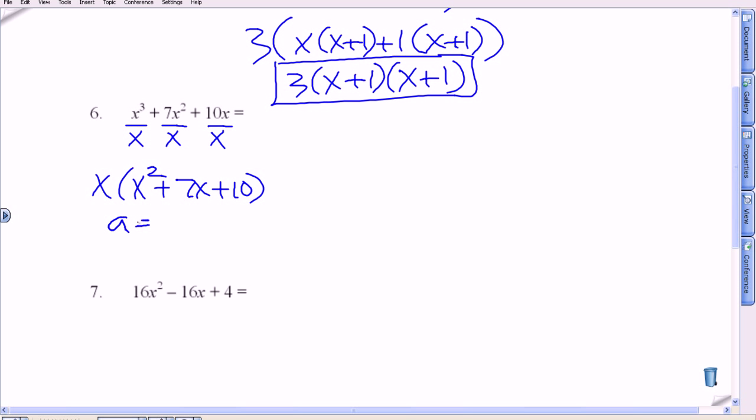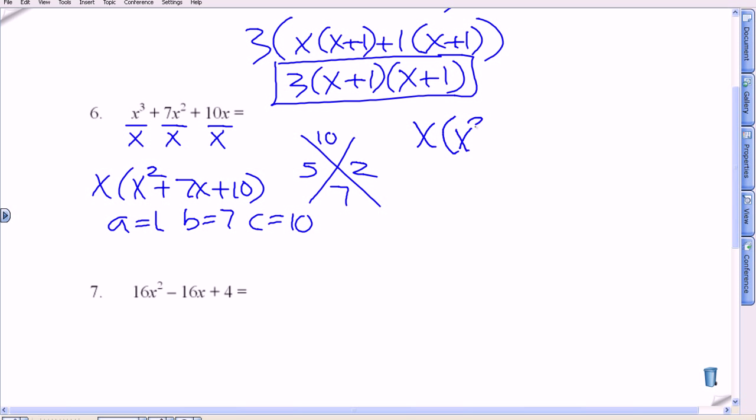A is 1, B is 7, C is 10. So I do my puzzle. Factors of AC that add up to B are 5 and 2. So this becomes x times x squared plus 5x plus 2x plus 10. Start my factoring by grouping.